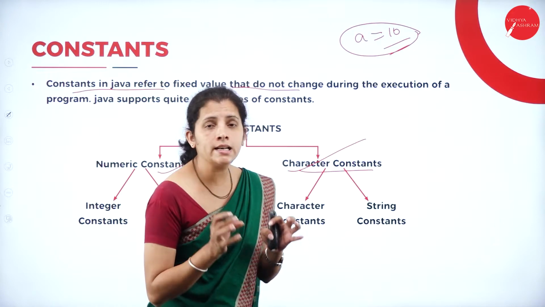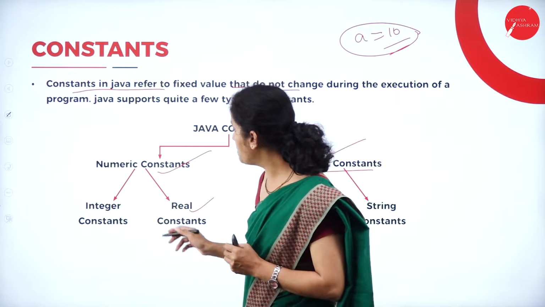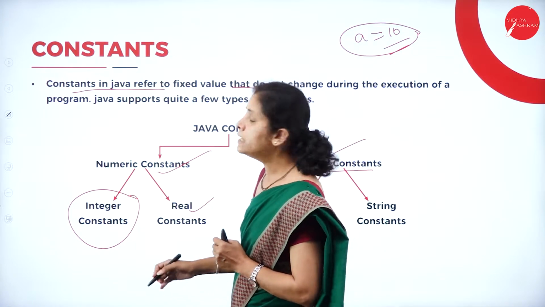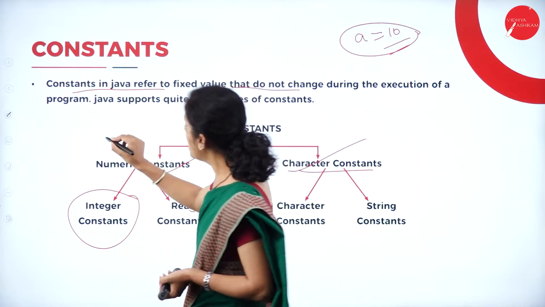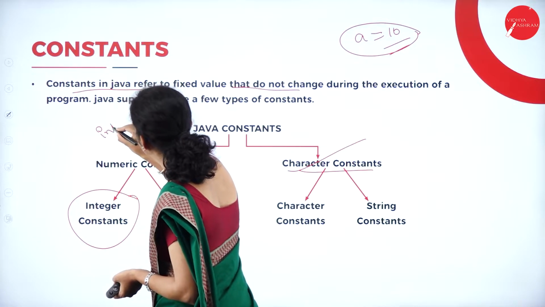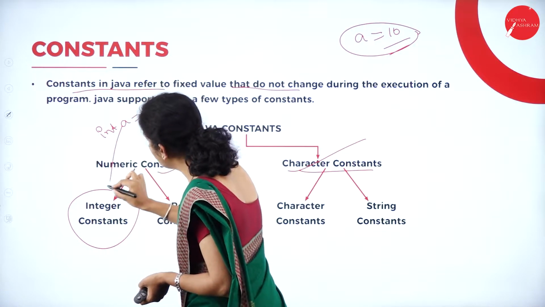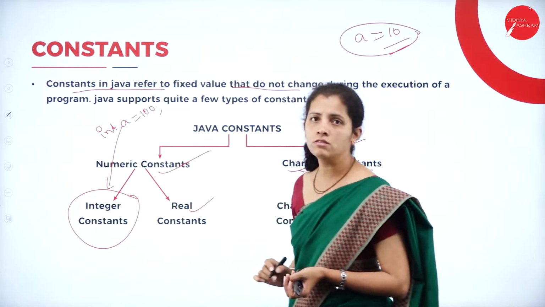Dear student, let me give some examples for integer constant. For example, in my program, if I write int A equal to 100, then this is the example for integer constant.